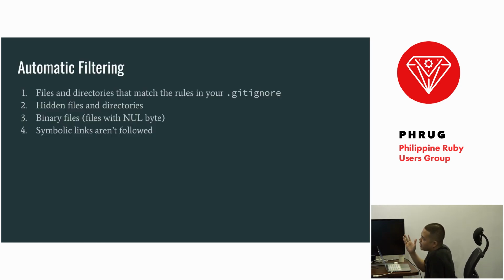By default, it automatically filters out files and directories that match the rules in gitignore, and then hidden files and directories, so dot files, and it also filters binary files, and symbolic links aren't followed. Actually 3 and 4 are also the default for grep, but it's items number 1 and 2 which are new.